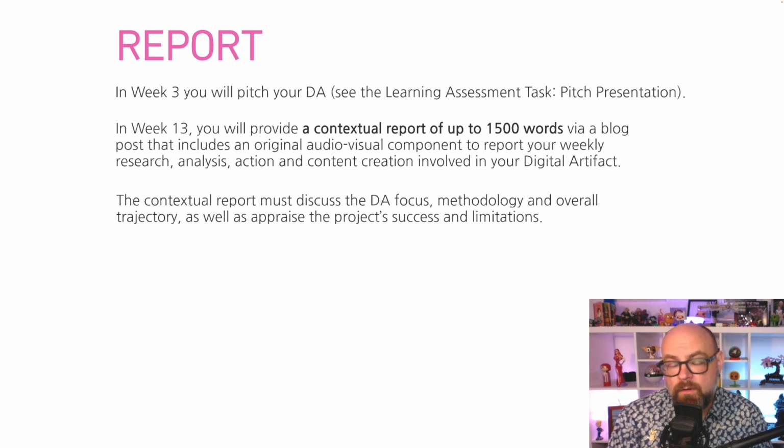And so your report will be maybe talking about 2 DAs or 3, depending on how successful and how much you experiment. And experimentation is highly recommended. The contextual report should evaluate the project's successes and its limitations and think about how you might improve in future.